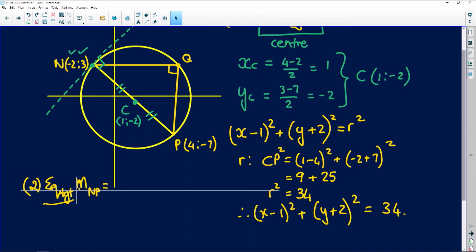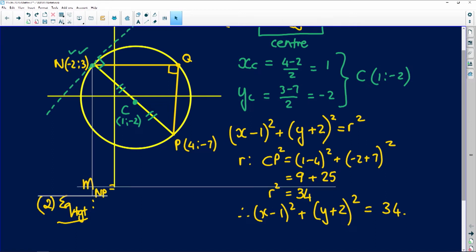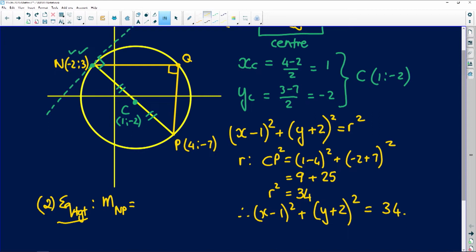Now, folks, I know you can't see that, so let me just move it in. There we go. That's better. So we have to find the gradient of this line. Now that's 3 minus 7, which is 3 plus 7, which is 10, the change in y, over the change in x.